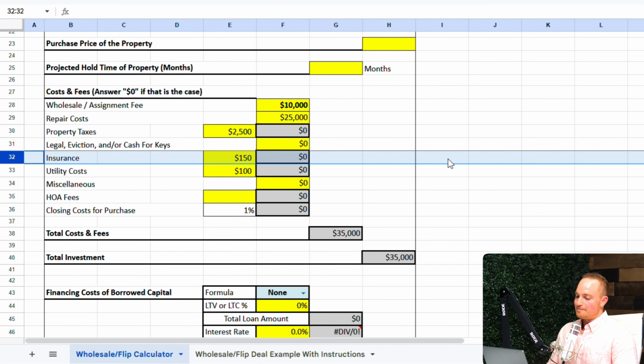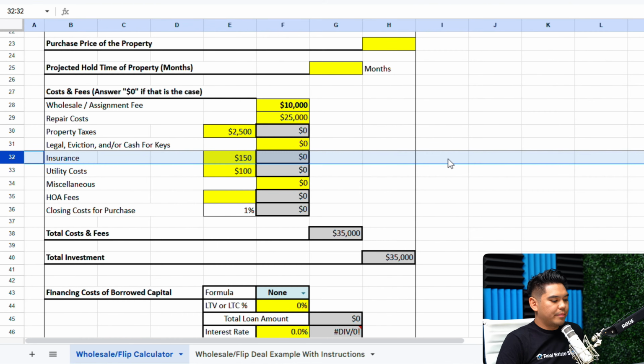Yeah. But it still matters if you have your ARV and your repairs correct. Because if you don't have those correct, even the 70% rule is going to land you somewhere that is not very accurate or helpful. This already has so much more in it than that rule, so obviously I'm using this. For sure.